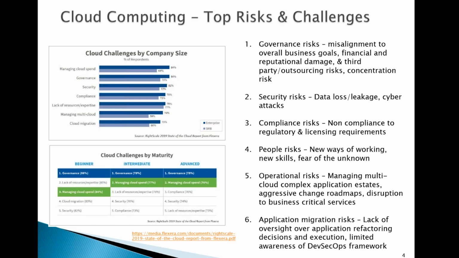Now, it's interesting to see that cloud cost management and governance are the top challenges for organizations. I was actually expecting to see security as the top one, but governance and cost overtook that as a top challenge. And these are also growing challenges compared to the 2018 report.